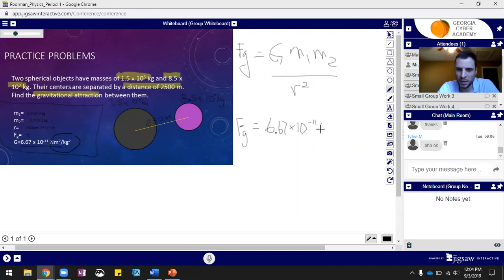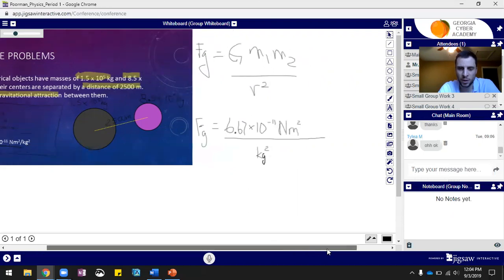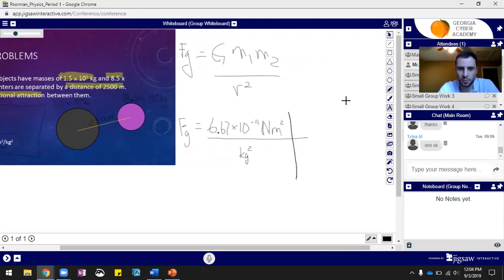So we can write that like this. Newtons times meters squared divided by kilograms squared. We talked about those railroad tracks, so this is where they're going to come in handy. They're going to come in handy for us. So that's the first portion.